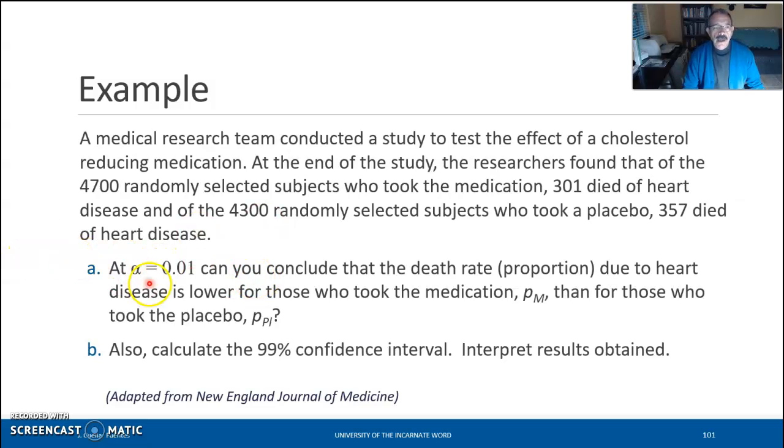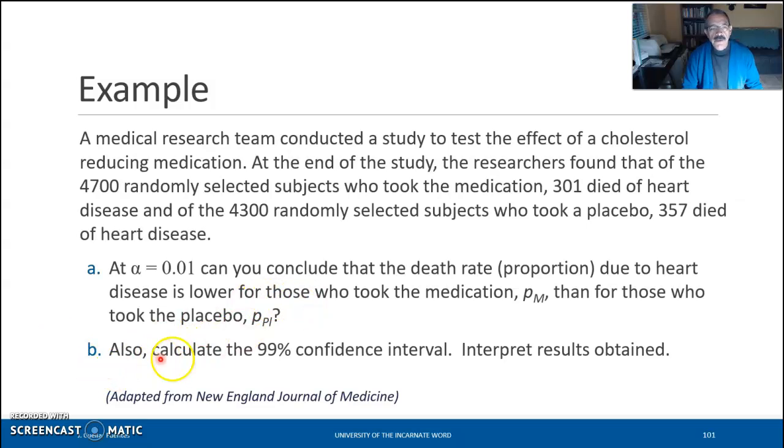With a significance level of 0.01, the researchers want to see if they can conclude that the death rate, the proportion of people that die due to heart disease, is lower for those who took the medication, which we're going to call P sub m, than those who took the placebo, which we're going to call P sub PL.